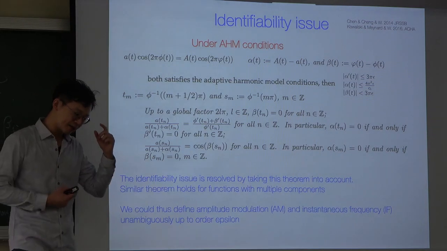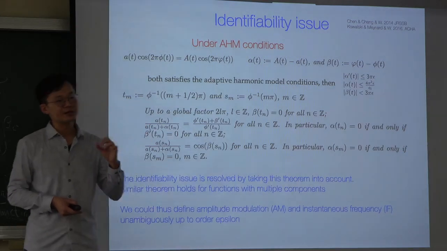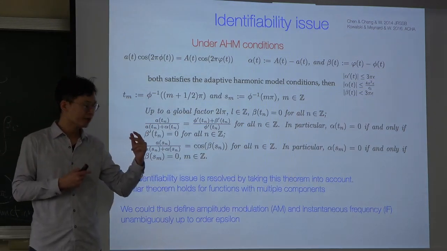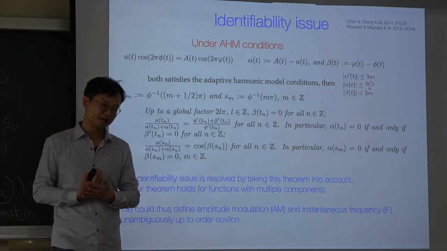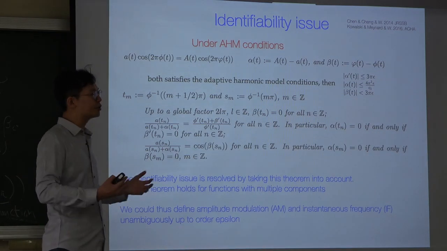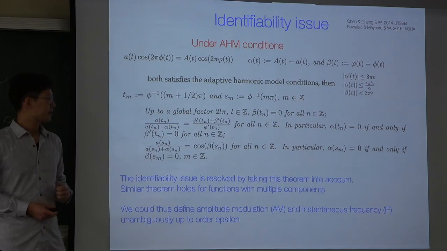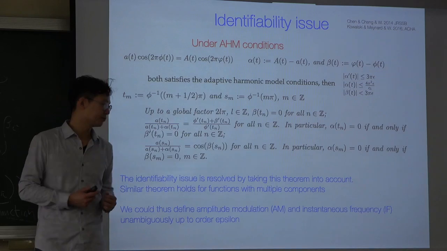You can think of it a bit like an L^p function. When we say L^p function, it is actually a set of functions. All these functions can be different, but they are only different up to a measure zero subset. Here it is no longer a measure zero subset. It is different up to some order epsilon.